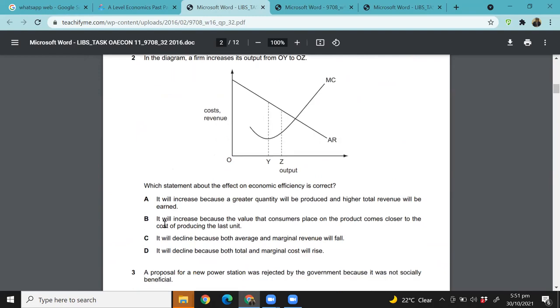It will increase because greater quantity will be produced and a higher total revenue will be earned. It will increase because the value that consumers place on the product comes closer to the cost of producing the last unit. It will decline because both average and marginal cost will fall. Sorry, marginal revenue will fall. And it will decline because total and marginal cost will rise.